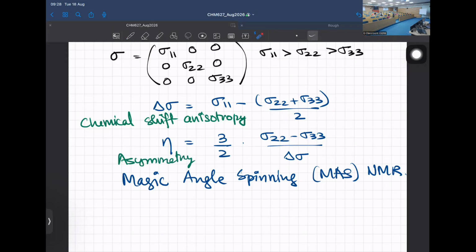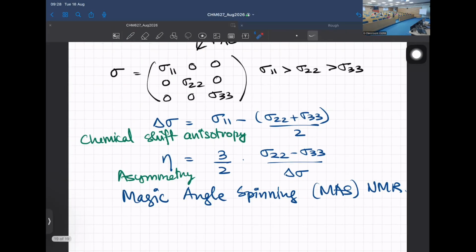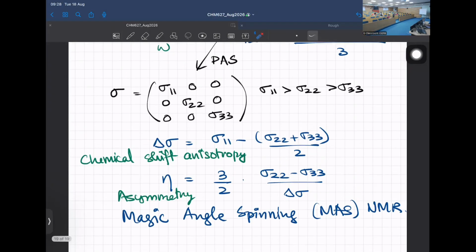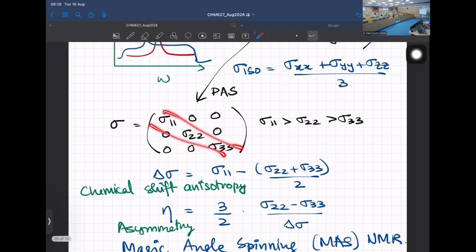Yet again, if you understand the matrices reasonably well, when you arrange them in decreasing order, the isotropic component is the trace divided by 3. The reason I didn't write it as 1, 1, 2, 2, 3, 3 right now is that when you diagonalize a matrix, the trace will not change.